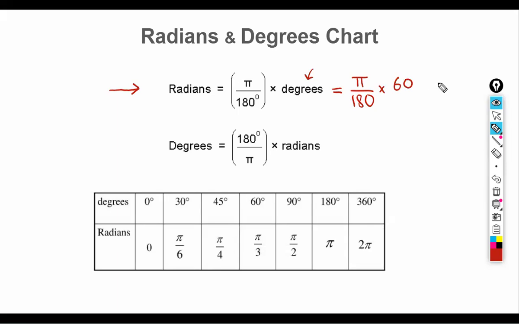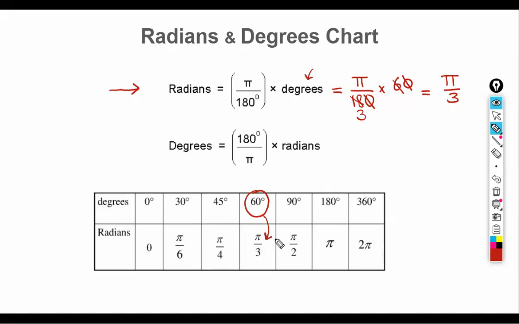In this case, it's 60 degrees. Now, we're just going to pretend you don't have a calculator on you. So if you simplify this, this will cancel out, and you'll get pi on 3, because 6 into 18 is 3. And look, I have it on the table here. 60 degrees is the same exact thing as pi on 3 radians.